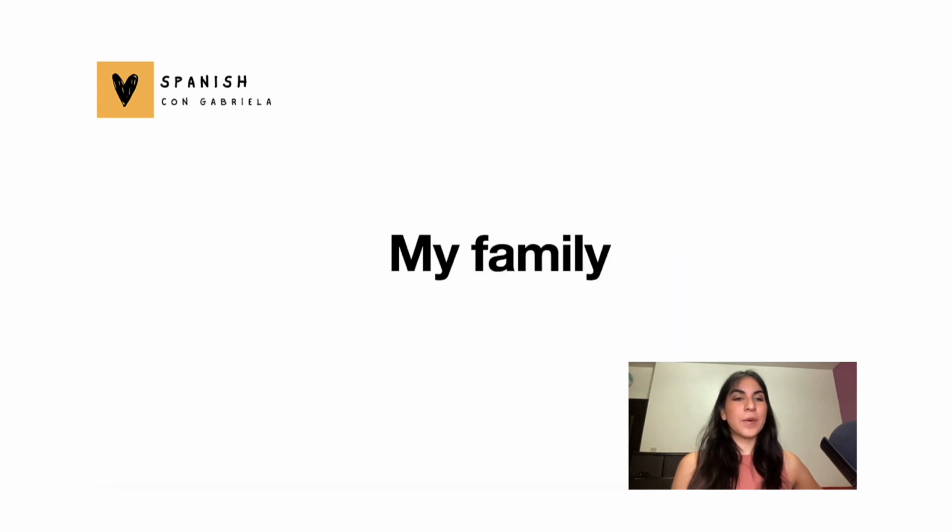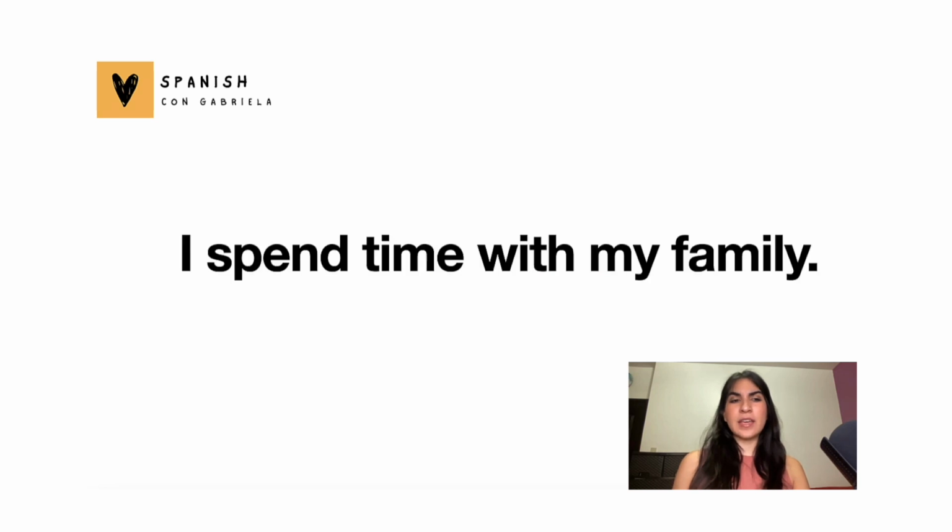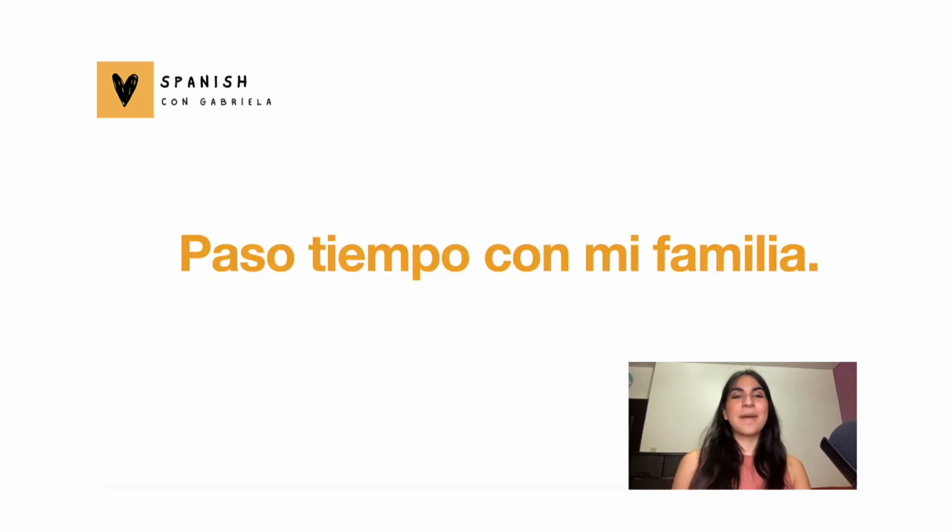Great. Now, how would you say my family? Mi familia. So if we already know how to say my family in Spanish, how would you say I spend time with my family? Good. Perfect. Paso tiempo con mi familia.